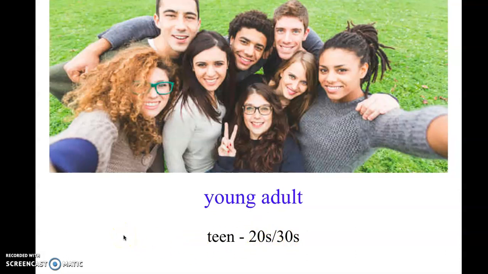But a young adult is really very similar to a late teenager. So someone maybe who's like 16 to 20. And if you go into the bookstore, if you look at the young adult section, you sort of get that idea from the books that are there. It's not really people who are late 20s or 30s, right? So I would say late teens, 16, all the way maybe to 20, right?